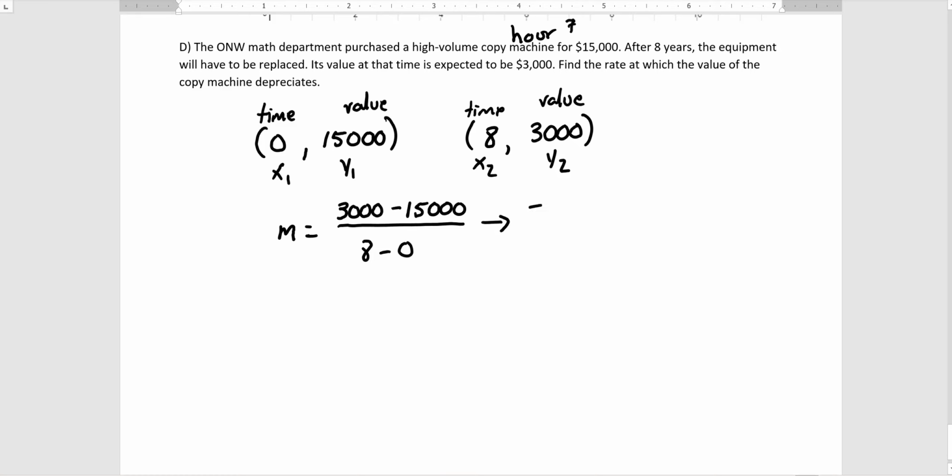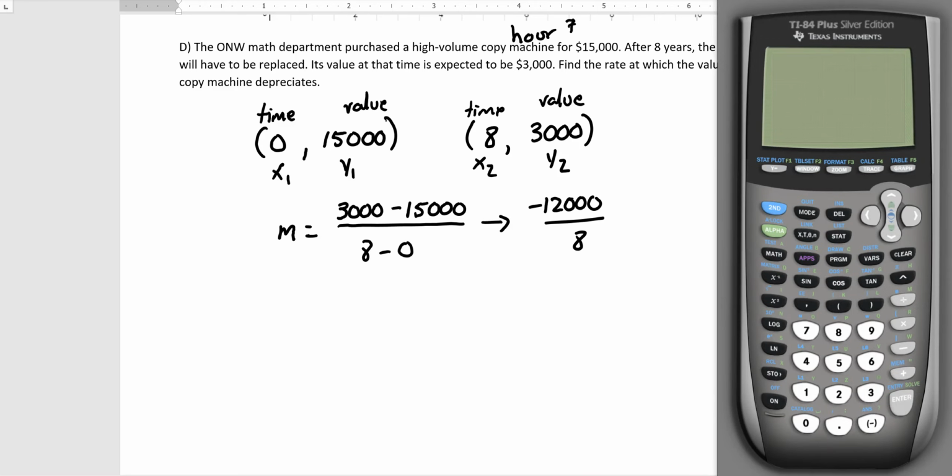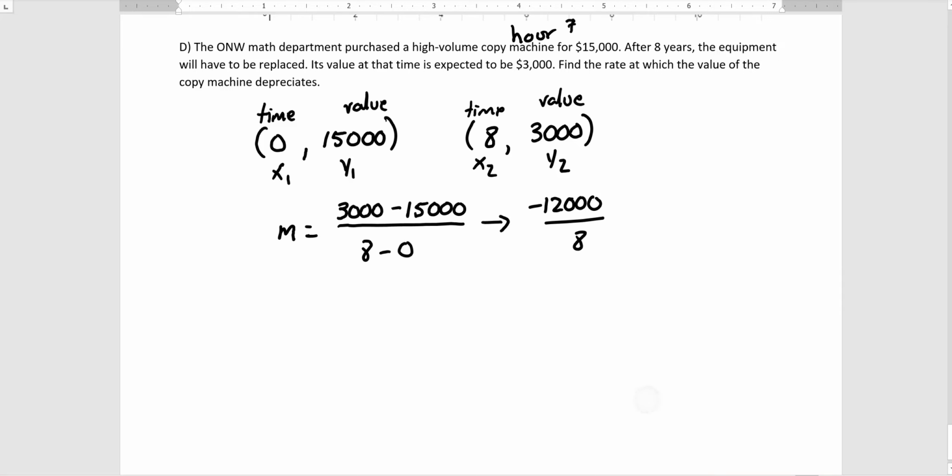Well, 3,000 minus 15,000 would be negative 12,000 over 8, which, on our handy-dandy calculator, negative 12,000 divided by 8 is negative 1,500. So, I would say m equals negative 1,500. So what does that mean in the context of the problem?